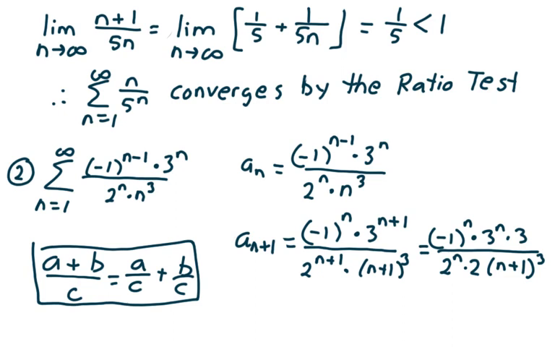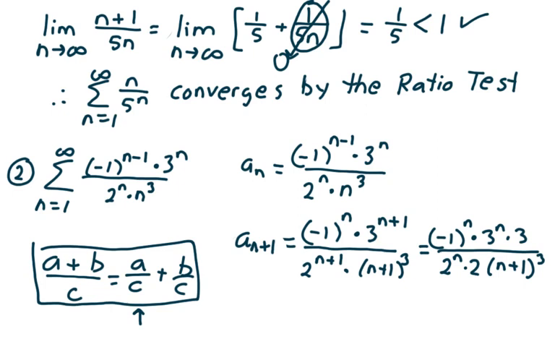Again, I just use this property down below. But as n goes to infinity, 1 over 5n goes to 0. So this is 1/5, which is less than 1. And so that tells me that the series from n equals 1 to infinity of n over 5 to the n converges by the ratio test.